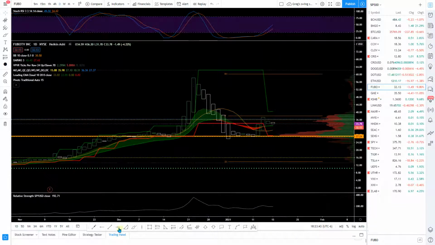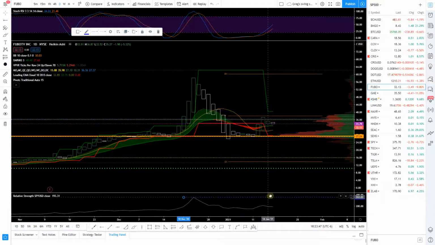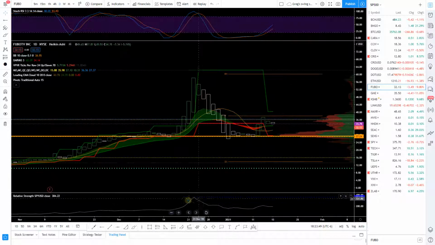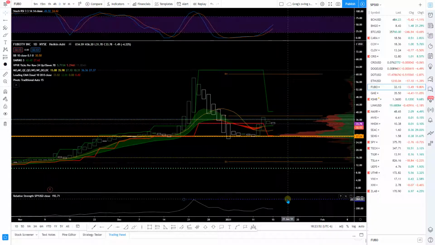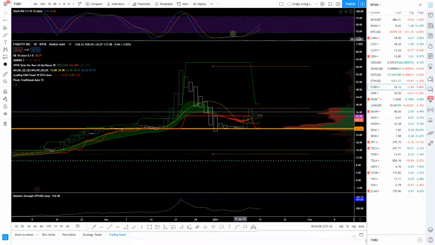This most recent high was over here, way up there actually. So you really don't even want to think about Fubo until it breaks this high here. I would set an alert here and just say, okay, once this breaks and holds here, I know Fubo is probably going to be heading higher if the SPY is going higher. It's just going to outperform the SPY. But it's looking like it's setting up.